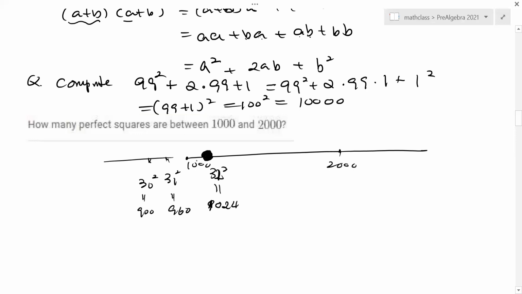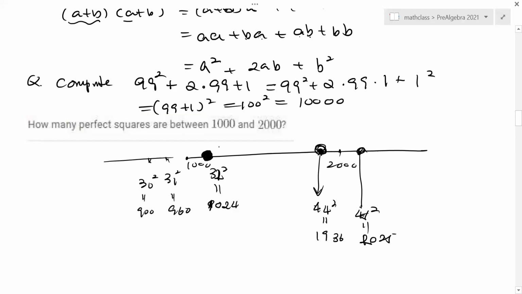Now how do we get the other one? I can try 44. 44 squared is 1,936, so somewhere here. I'm not sure there's any number between this number and 2,000, so I try 45. 45 squared is 2,025, which is here.